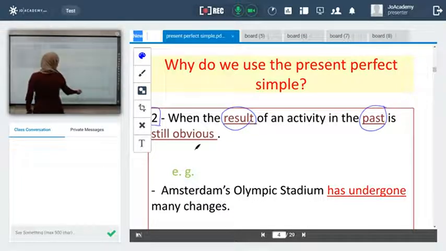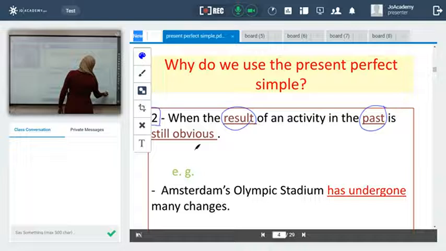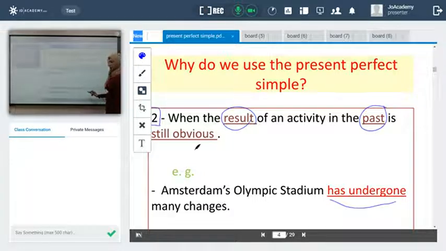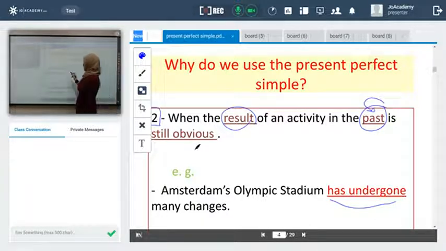Amsterdam's Olympic Stadium has undergone many changes. So the changes happened in the past, but when I go to the stadium, I can still see them. So this is an event that happened in the past, but the result of it can still be seen and it is obvious.